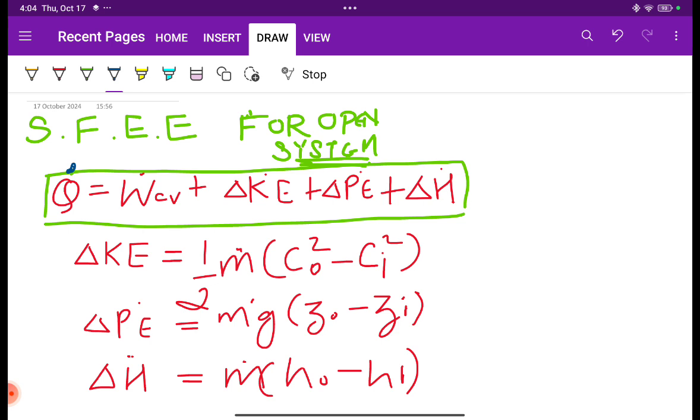So here, the rate of kinetic energy is equal to half times the rate of mass interaction into the velocity at output squared minus the velocity at input squared. The potential energy is equal to the rate of mass interaction into acceleration due to gravity into the height at output minus the height at input, given by Z0 and Zi.